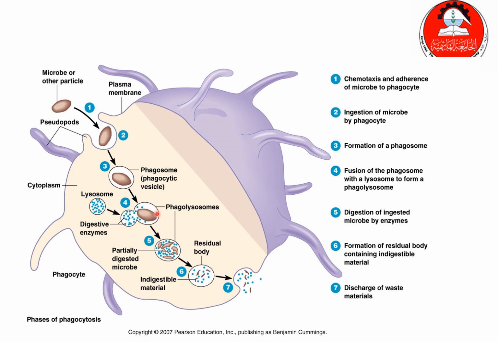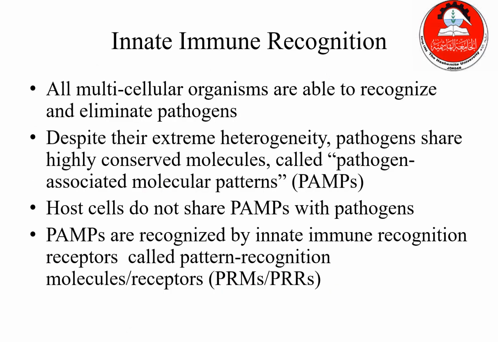And the phagolysosome, these digestive enzymes, are going to destroy and kill the invading pathogen. And then after that, the formation of a residual body containing indigestible material is going to occur, and the next step is discharge of the waste material outside of the phagocytic vesicle.